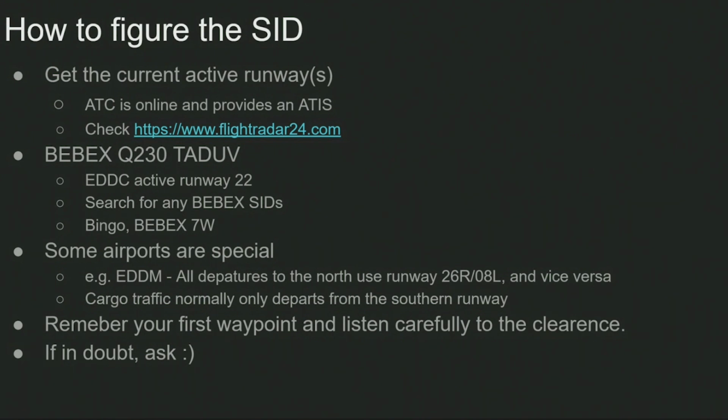But that really depends. What I do when I fly to an uncontrolled airport is check Flightradar24, because I always think in real life they have way better weather information. You can check the TAF if you want, but I normally check Flightradar and go with that.